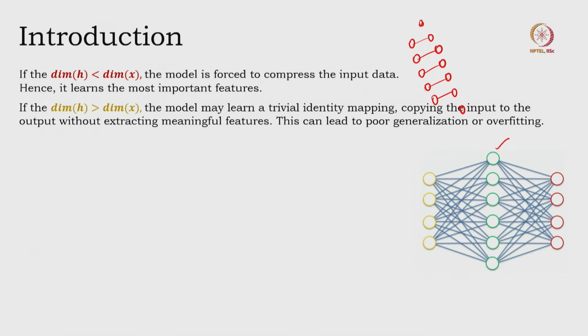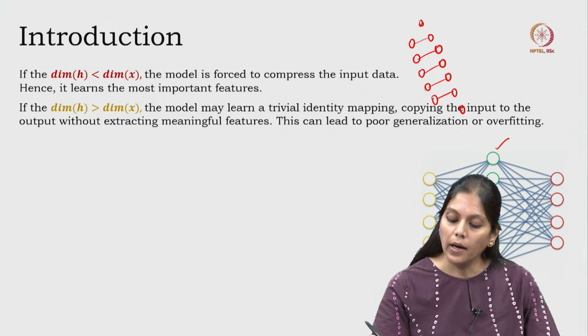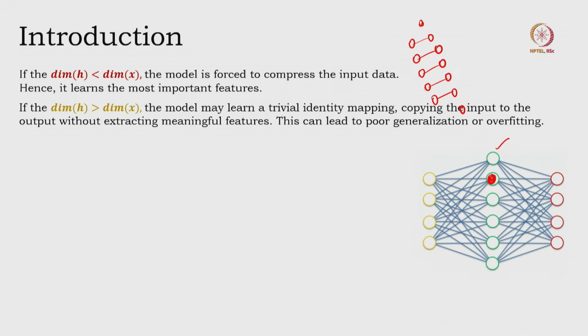How is it possible? Even if there are many, can I make this output 0, this output 0, and this a sparse 0? Can we do this? In that case, what has happened? The number of active neurons is now less. So with this, is it not again making sure that it is learning the most important features? Are you getting this concept?